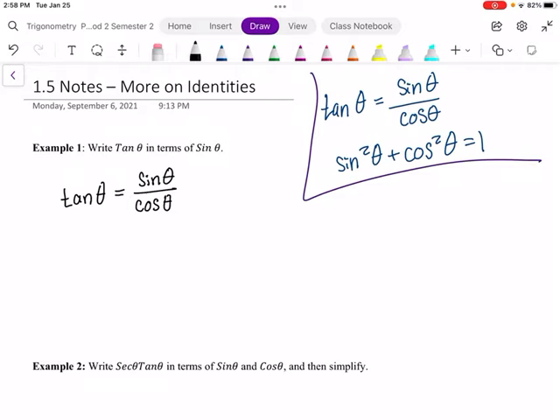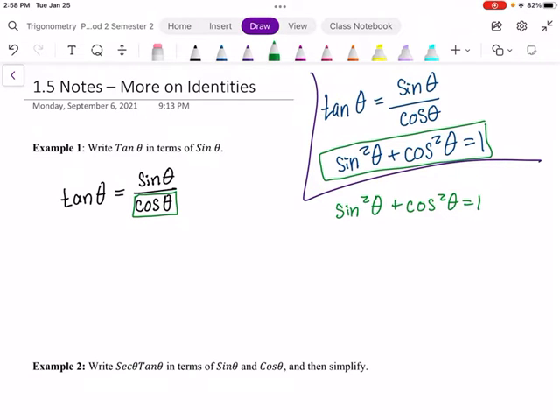Now we need to figure out how to replace cosine theta so it's in terms of sine. So if we look, the only one that has both sine and cosine would be our Pythagorean identity. So we have sine squared theta plus cosine squared theta equals 1. We need to get cosine by itself.